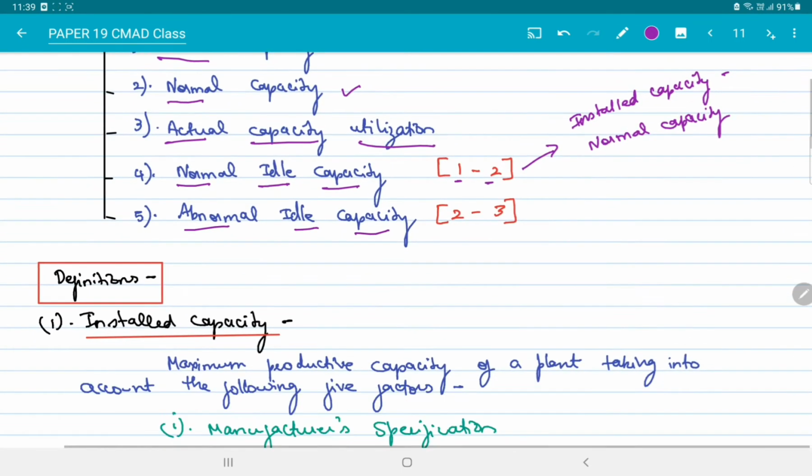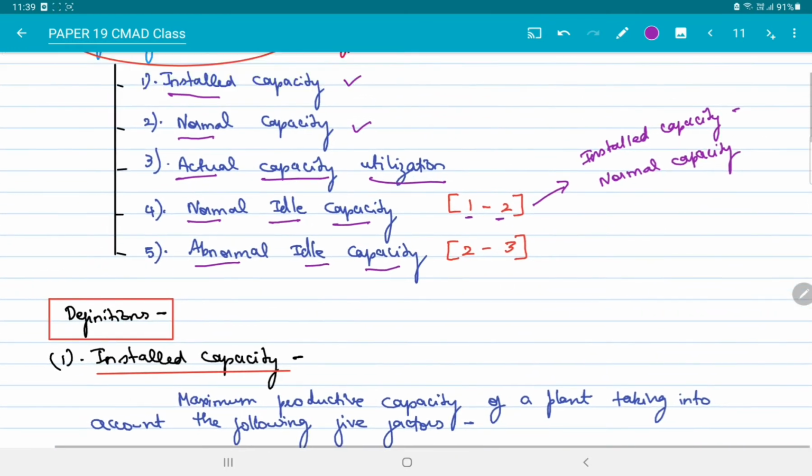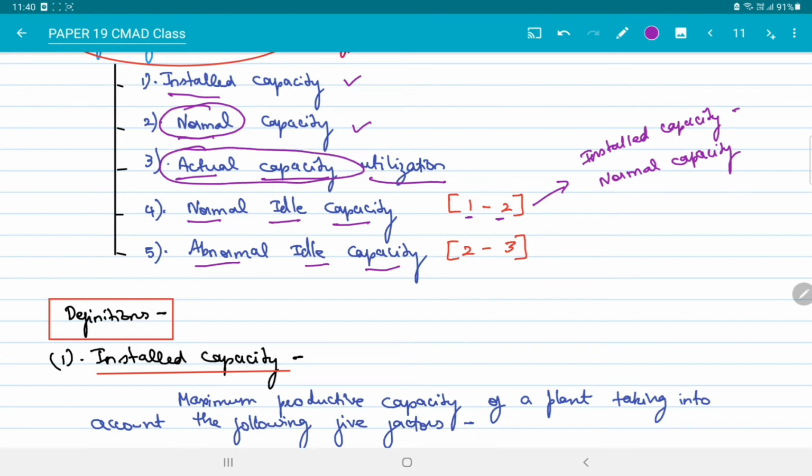In the same way, abnormal idle capacity is 2 minus 3, where 2 is normal capacity and 3 is actual capacity utilization. So normal capacity minus actual capacity utilization will give you the abnormal idle capacity.